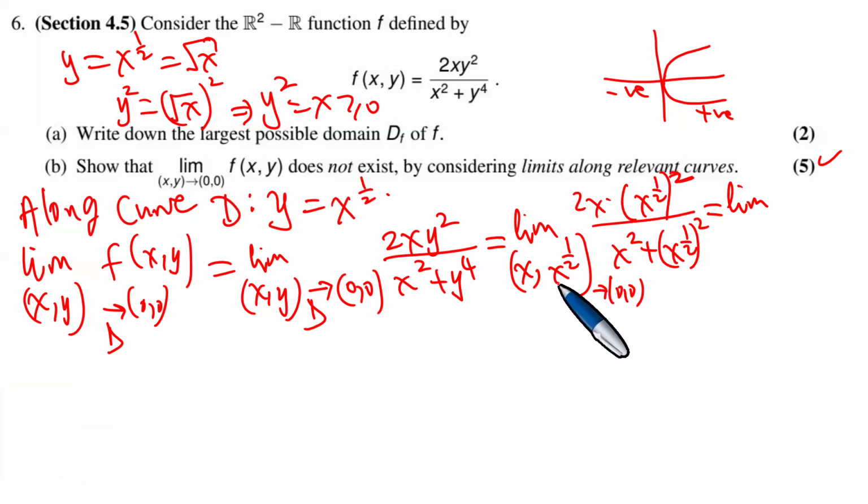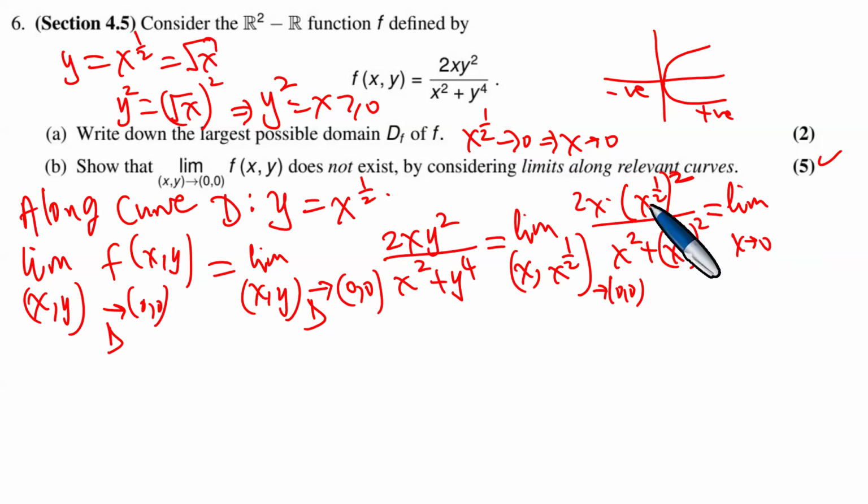The second coordinate says that x to the 1/2 approaches 0, which can only happen when x itself approaches 0. So this is going to be x approaches 0.